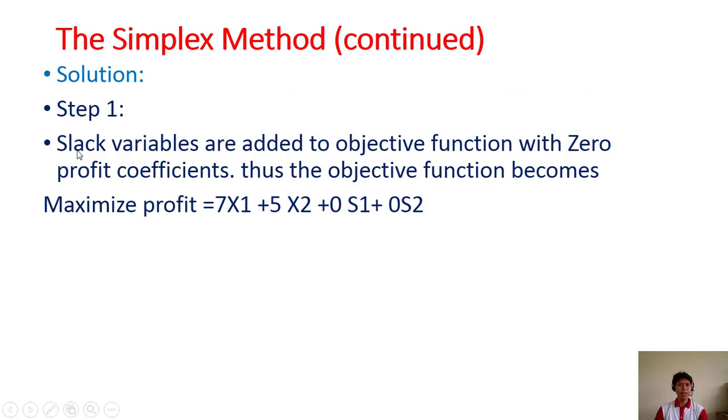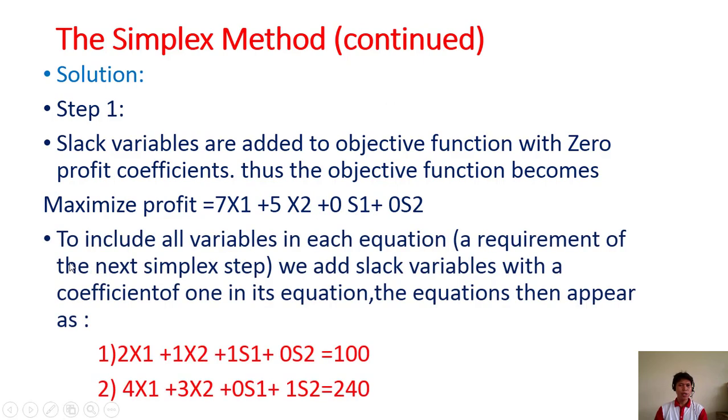Solution. Step number 1. Slack variables are added to the objective function with zero profit coefficients. Thus, the objective function becomes: maximize profit equals 7x sub 1 plus 5x sub 2 plus 0s sub 1 plus 0s sub 2. These are the slack variables. To include all variables in each equation, a requirement of the next simplex step, we add slack variables with a coefficient of 1 in each equation.